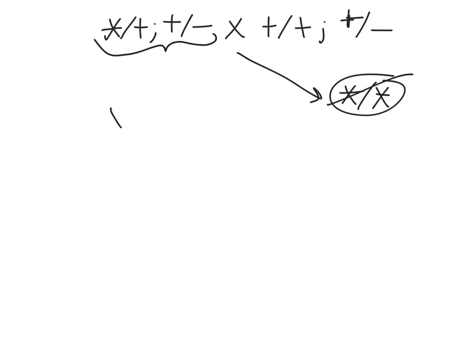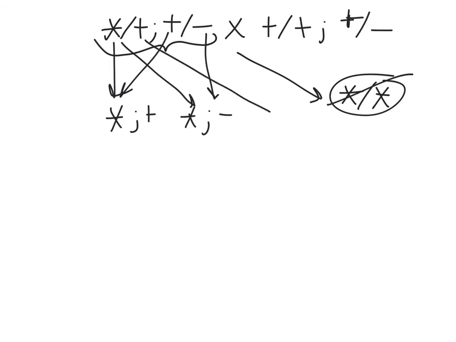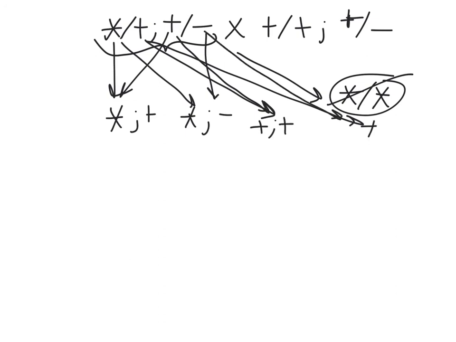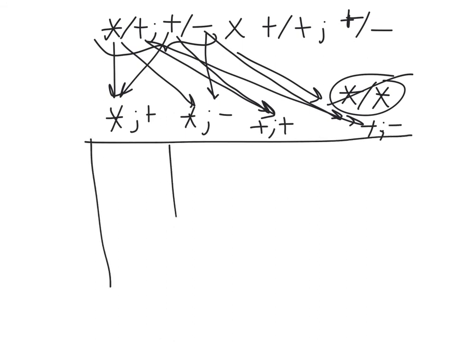We had asterisk with plus, asterisk with minus. Those combinations. And then we had the plus at the 2 different loci. So plus, plus, plus, minus. That was one axis of the Punnett square.